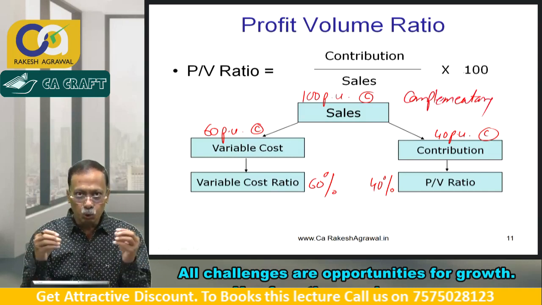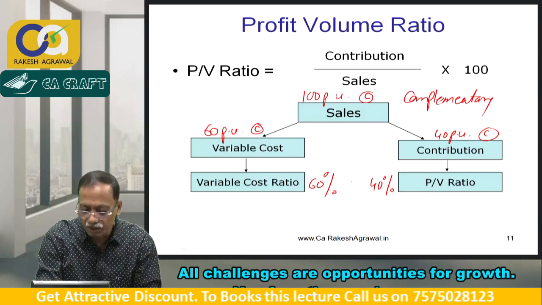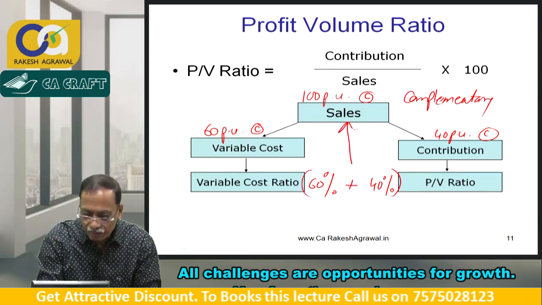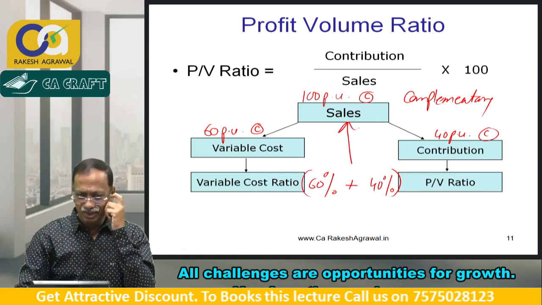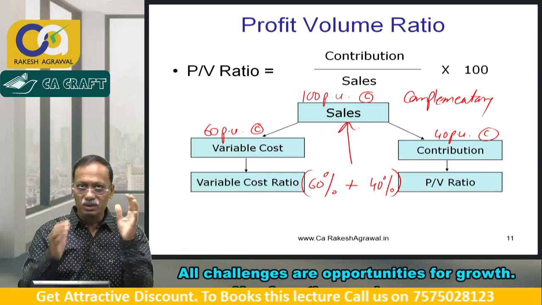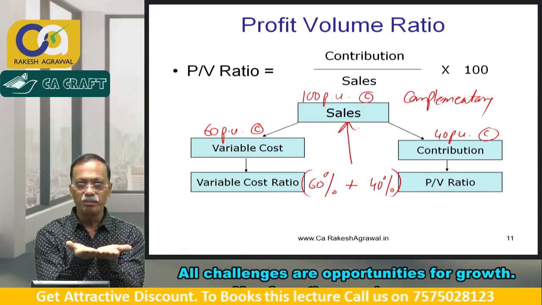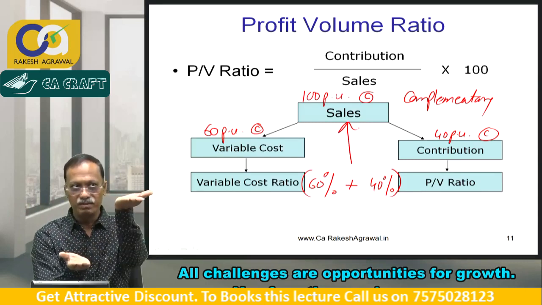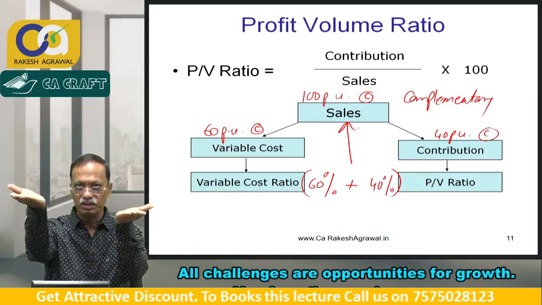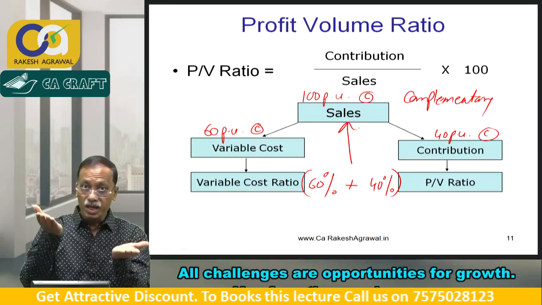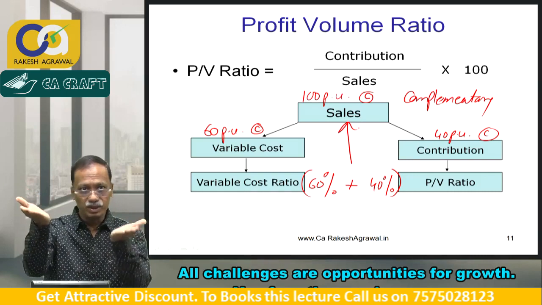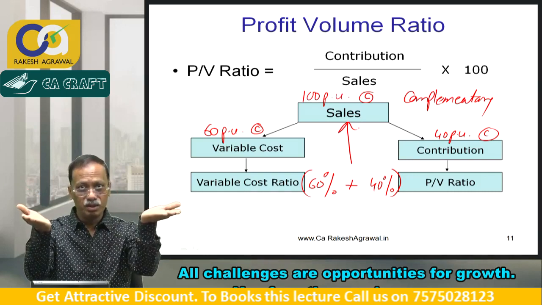Complementary to each other means the total of these two ratios, variable cost ratio and PV ratio, will always be 100%. Yes, my dear friends, because these are two parts of sales. Sales is your base. Sales is 100%. If out of 100% sales, 70% is variable cost, then 30% will be PV ratio. If 25% is PV ratio, then 75% will be variable cost.